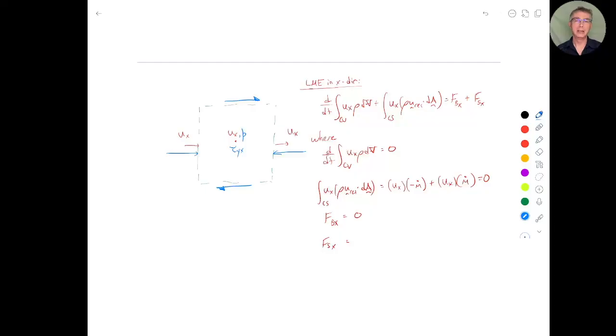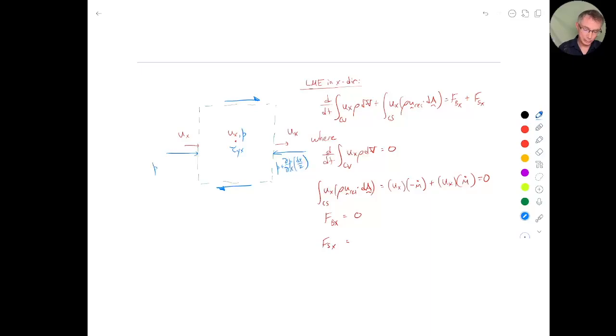Again, if you're uncertain about the notation for shear stresses, go back and look at some strength of material notes and you'll see how it's defined there. So we're going to say that the pressure and the shear stress at the center are that, so that the pressure on the right-hand side will be P plus dp dx times dx over 2.